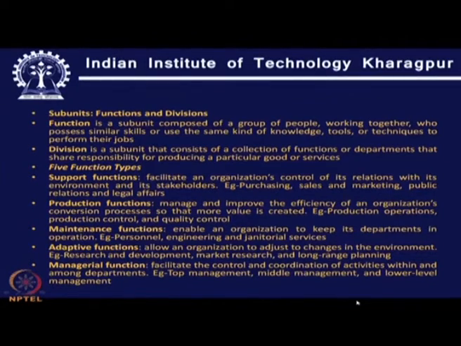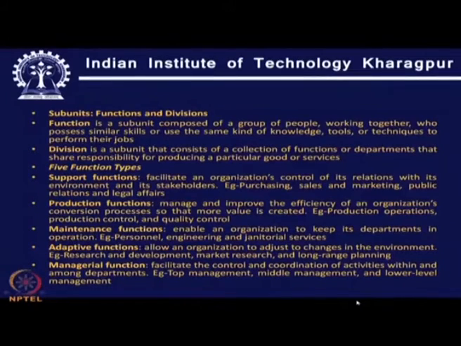So, in a division, there are n number of functions which are grouped together, so that a particular good or service is developed properly. When you put all the functions under one department, there is good communication and collaboration between these functional areas, and holistically they contribute towards the development of the product and for the organization.